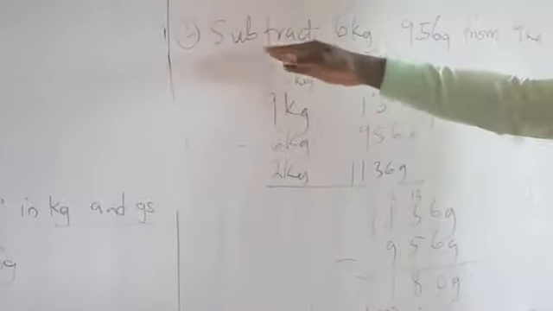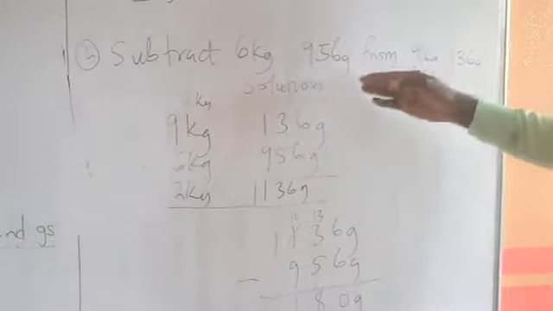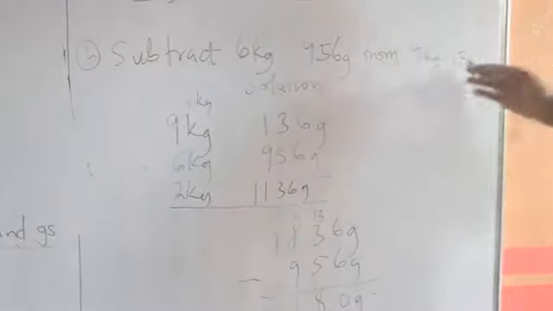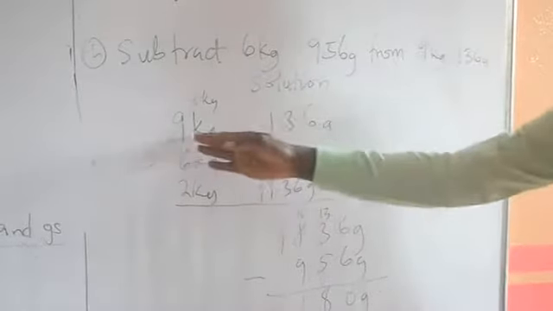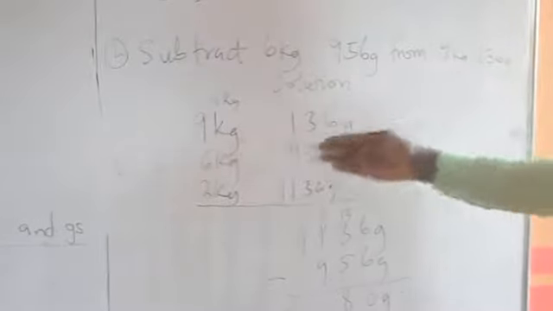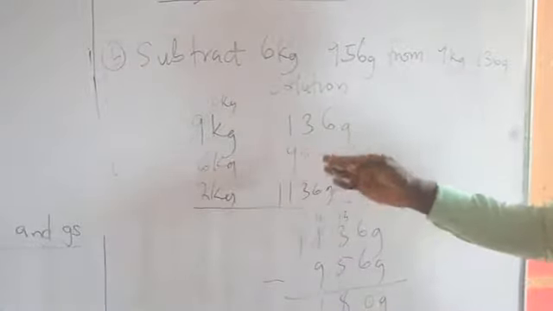Let me recap again. The question said that we should subtract 6 kilogram 956 gram from 9 kilogram 136 gram. So we'll have 9 kilogram 136 gram minus 6 kilogram 956 gram.